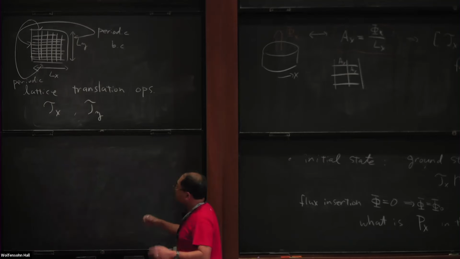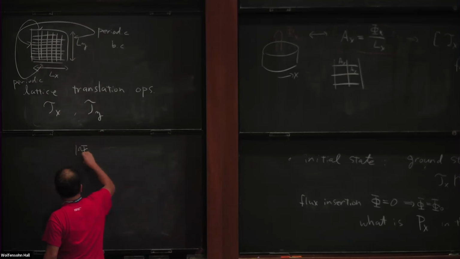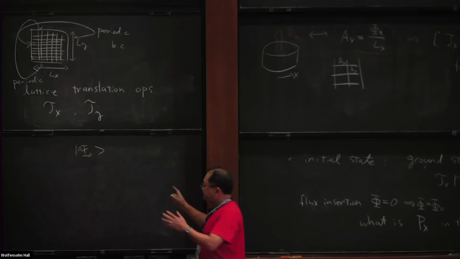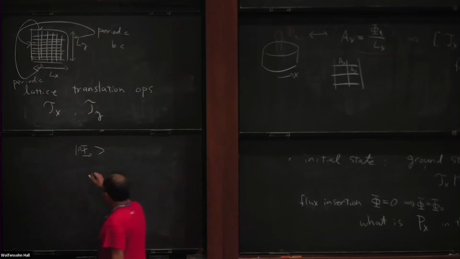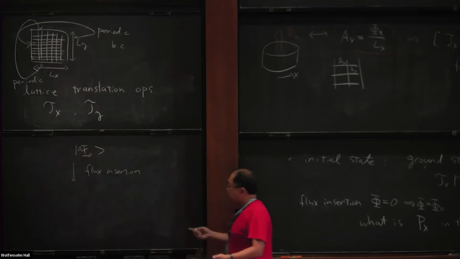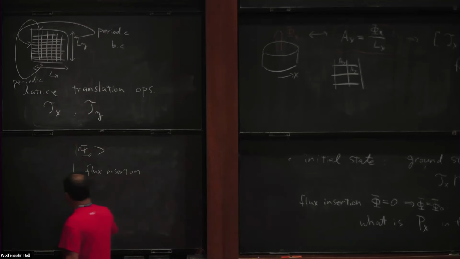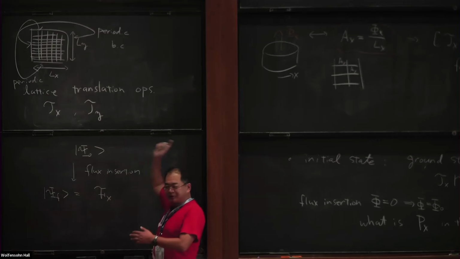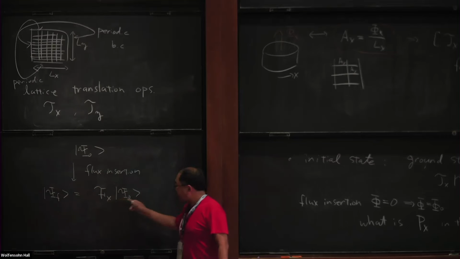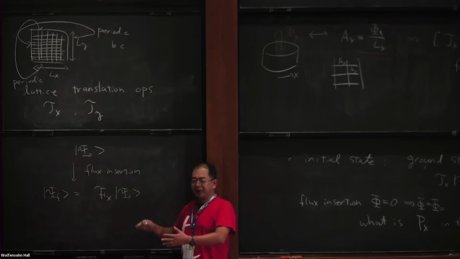So what we need to do is, we start from the initial state, one of the ground states, which is a momentum eigenstate. And then we do flux insertion. If we insert a flux adiabatically, the final state is nothing but this flux insertion operator I defined previously applied to this initial state. But after applying this flux insertion operation, you are in a different gauge.